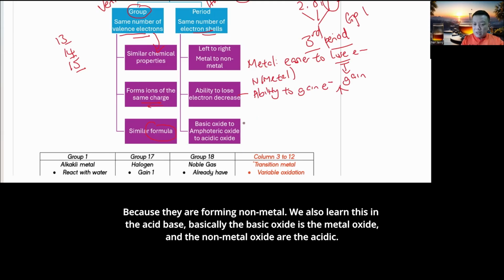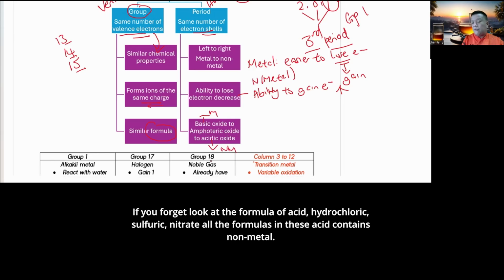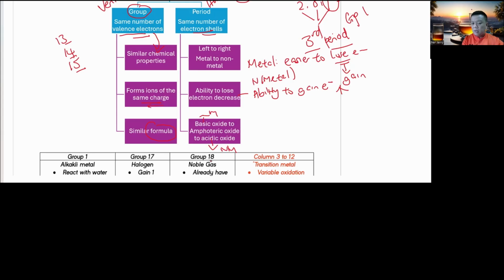We also learn this in acids and bases. Basically, basic oxides are metal oxides, and non-metal oxides are acidic. If you forget, look at the formulas of acids: hydrochloric, sulfuric, nitric. All the formulas of these acids contain non-metals.